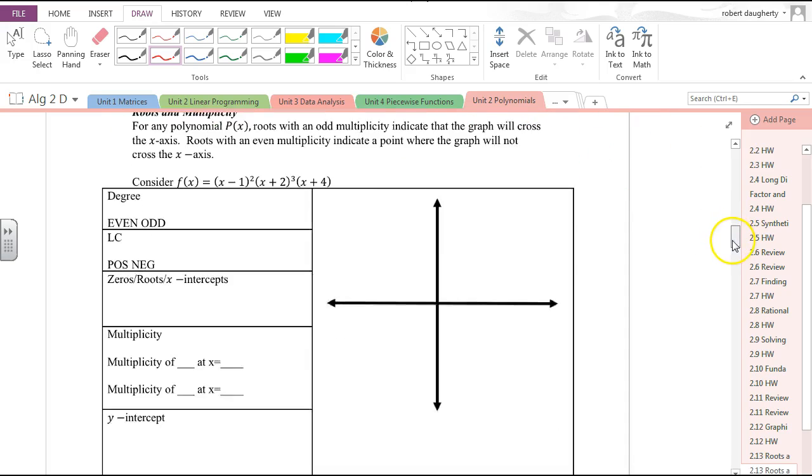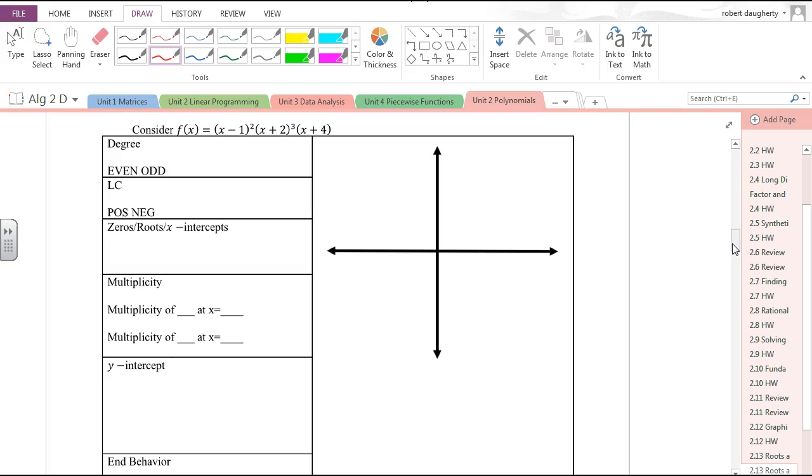Okay, so let's look at a few examples. What is the degree of this polynomial? That first term gives me an x squared, here I get an x cubed, and here I get an x. So this is a 6th degree polynomial, an even degree. The leading coefficient: the first term gives me a 1 squared, then I get a 1 cubed and a 1. I multiply all those together, and my leading coefficient is 1, a positive number.